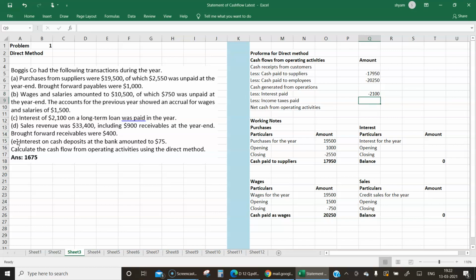Next one is sales. Sales revenue was 33,400. So in this year we have made that amount of sales. So credit sales is 33,400. The sum has not given it as credit sales, but we are assuming it to be credit sales. In the exam it will be much more clear.